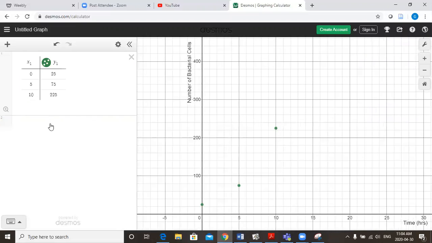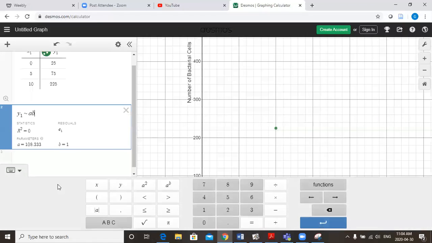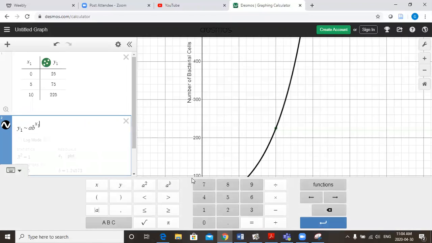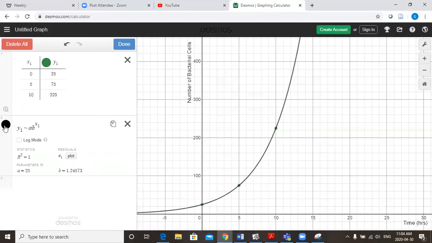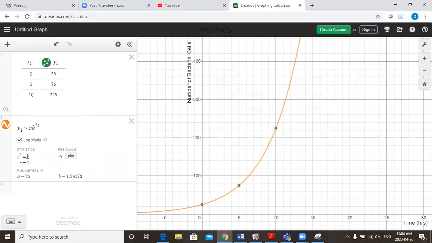So you see it there, and we do our regression, y1 tilde ab to the power of x1. And it keeps going to the black color. Orange. Okay, and click on log mode. 100% r squared. So we've got our model.